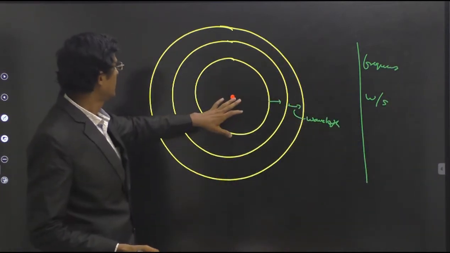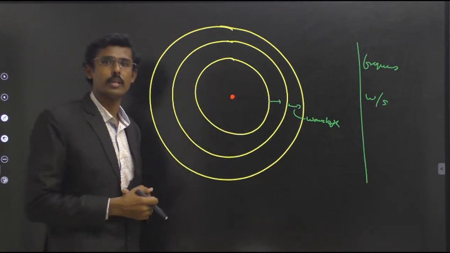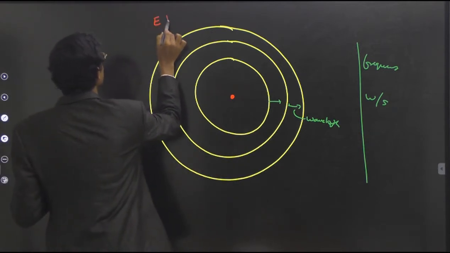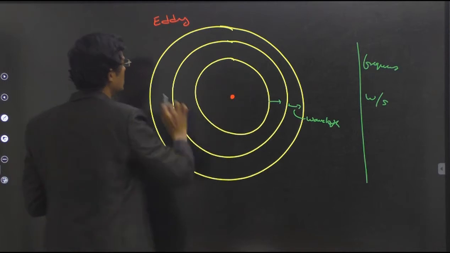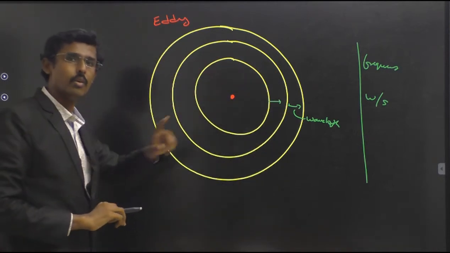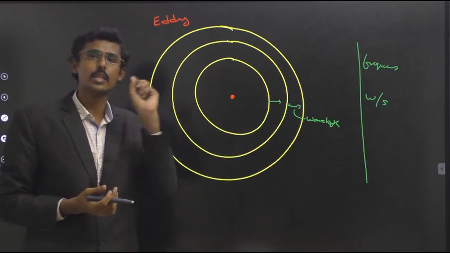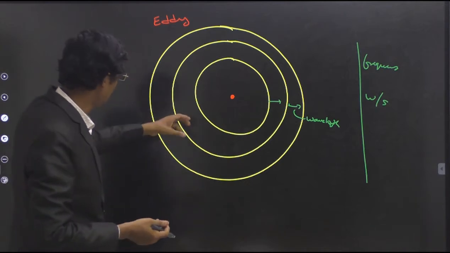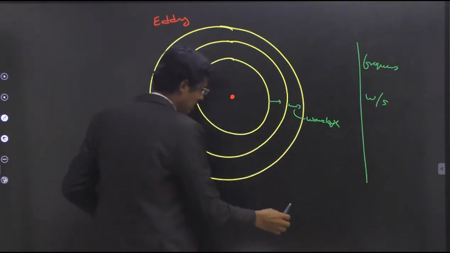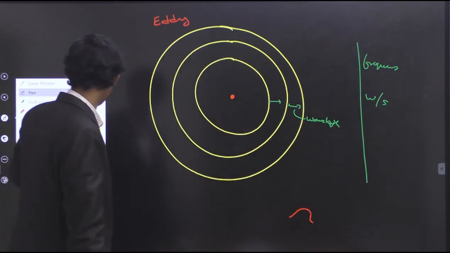Now, this generation of waves in a circular format is called an eddy. How do we relate this to eddy current? Let us take the flow of water with an obstacle in its path.